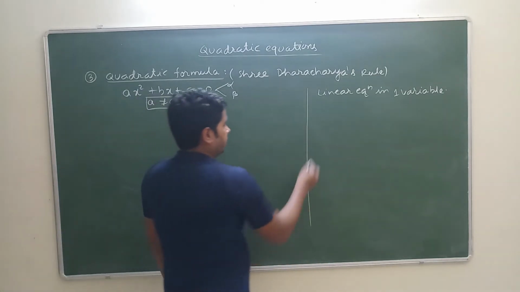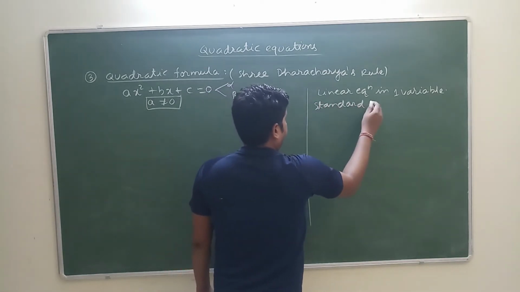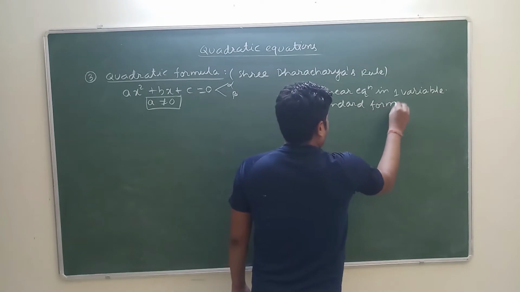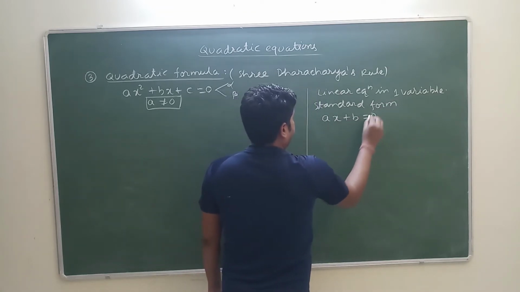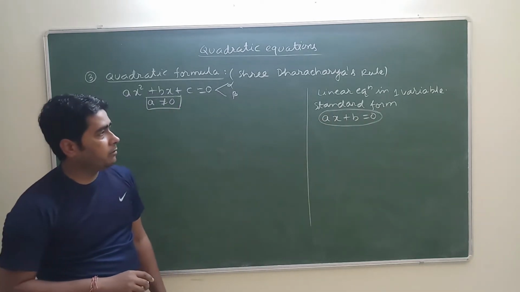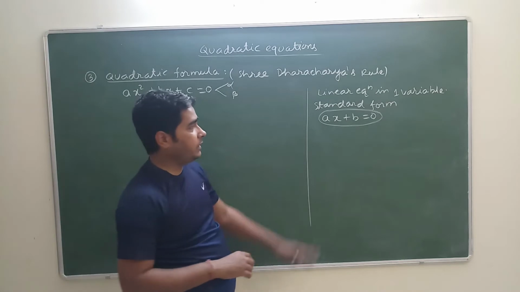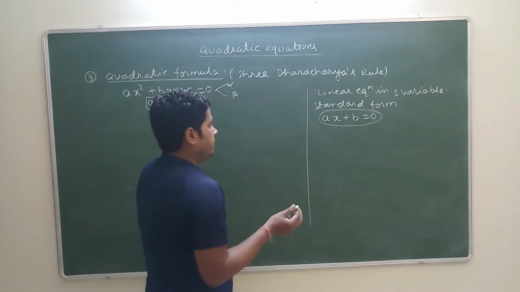The standard form is ax plus b equal to 0. You have studied about these equations in class 8th and 7th also.